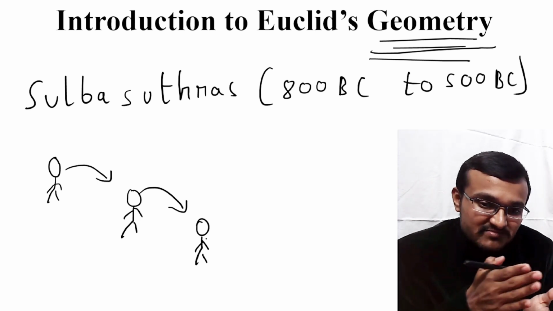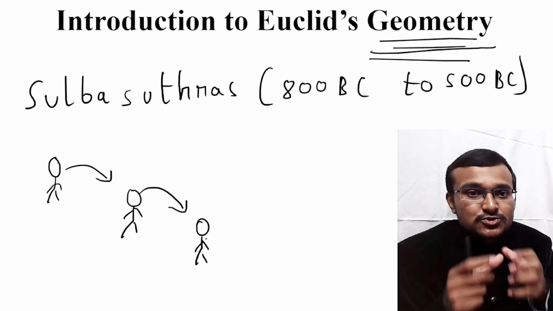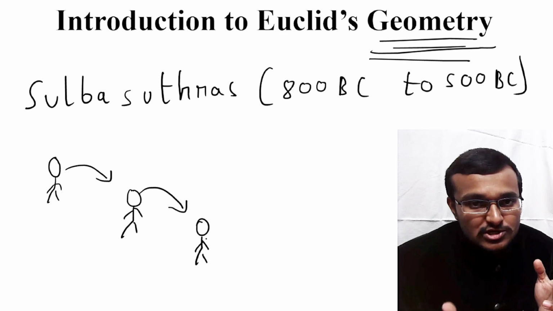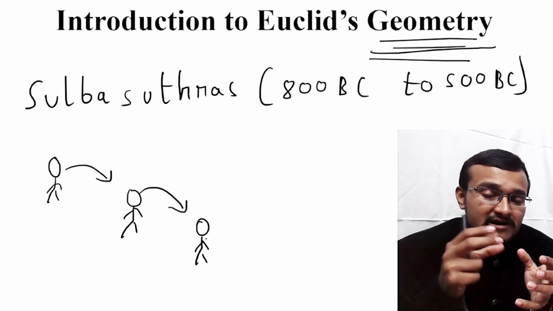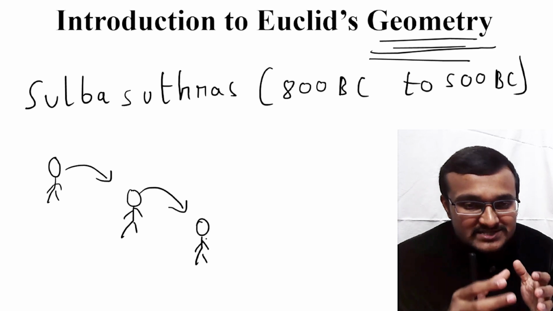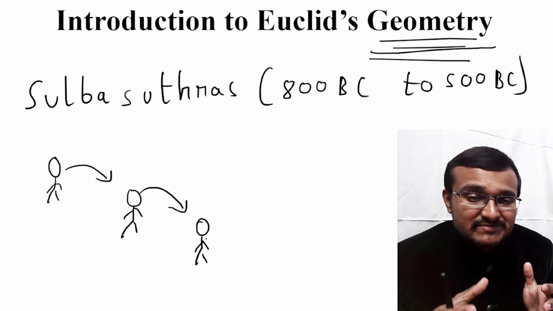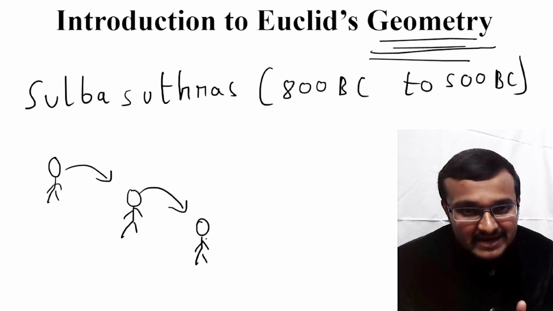So for that systematic organization of the knowledge related to shapes, and the knowledge related to calculating areas and volumes of different shapes and objects, Euclid and various other mathematicians organized this in a proper manner.